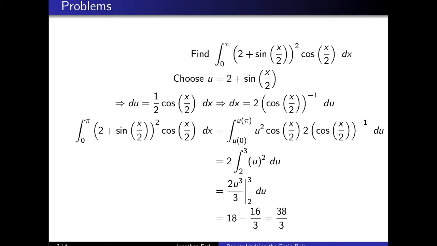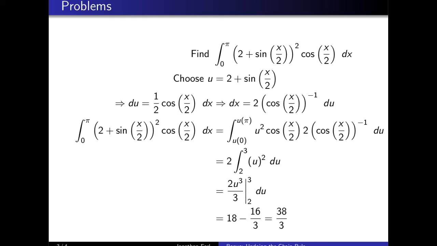Okay, so then doing this, we're going to have that dx is going to be 2 divided by cosine of x over 2 du, and then we put that expression into our integral. So the integrand will now be u squared cosine of x over 2 times 2 divided by cosine of x over 2. So the cosine of x over 2's will cancel each other out.